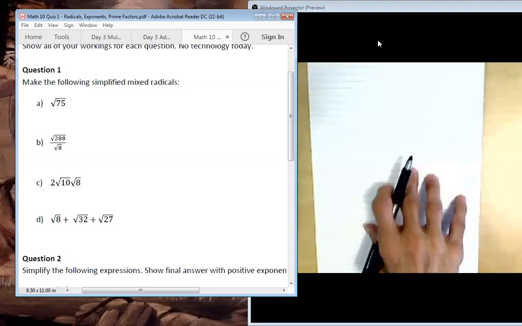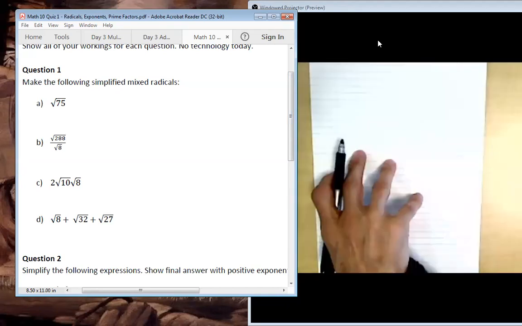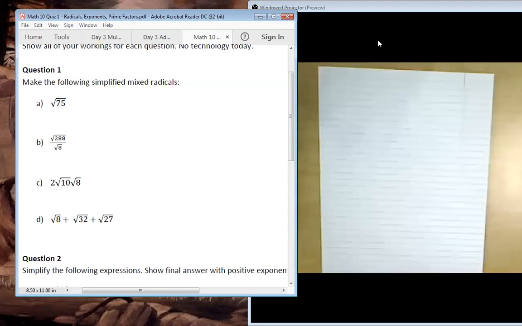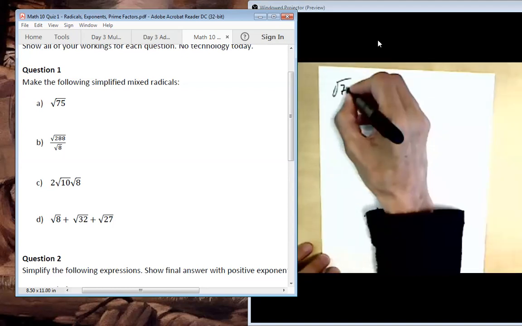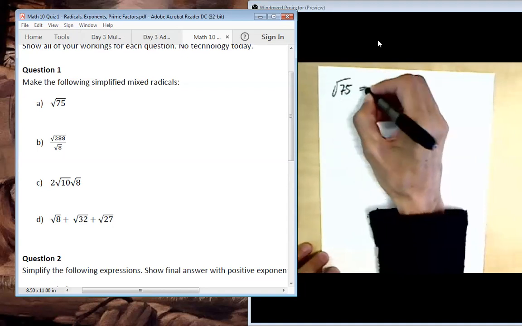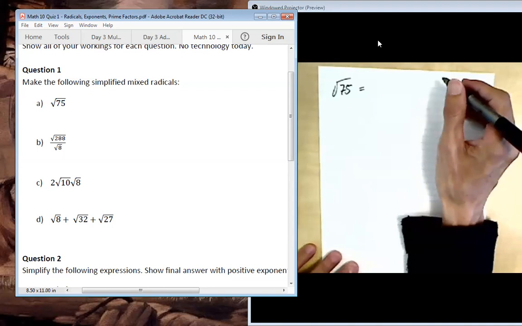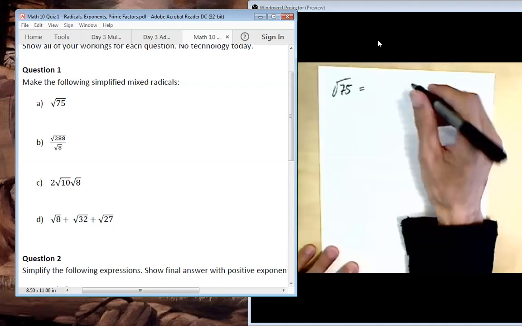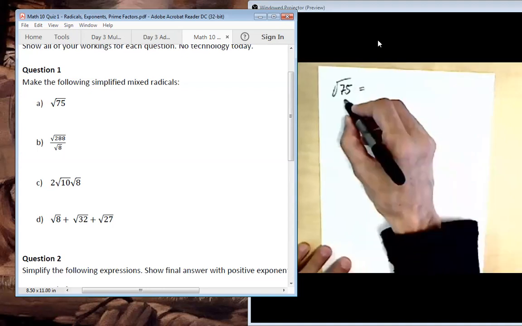All right, so taking a look at these questions here. It says simplify the following, right? So root 75 there to start with. When you have root 75, what you can do is write it with square numbers on the inside.